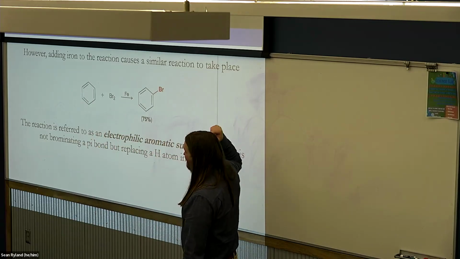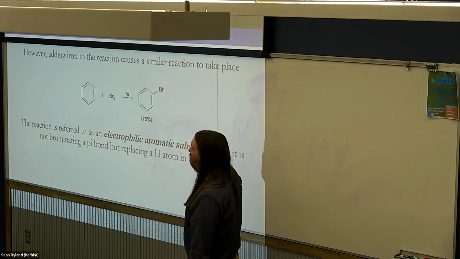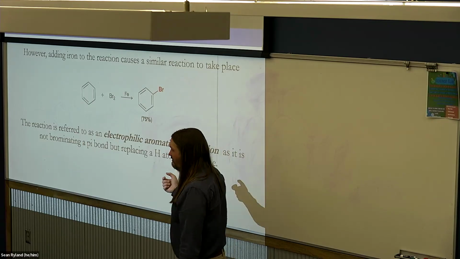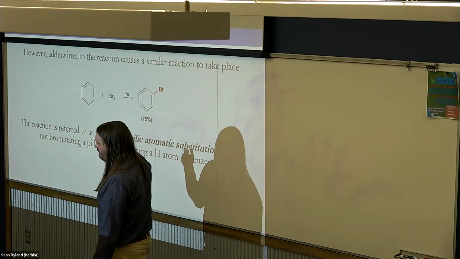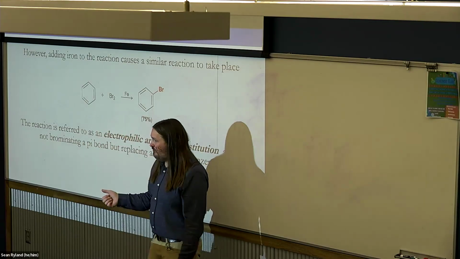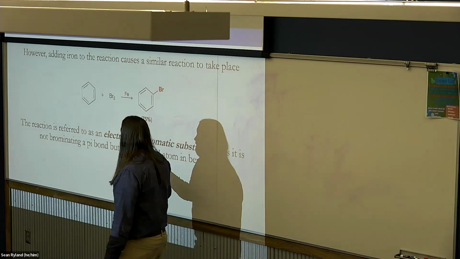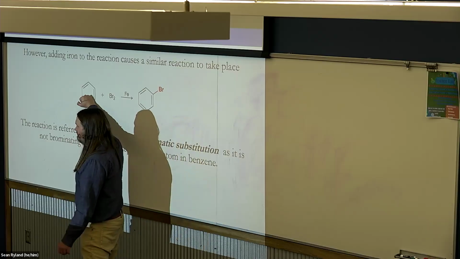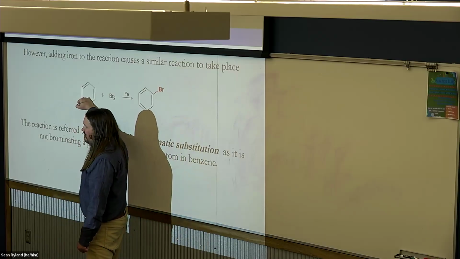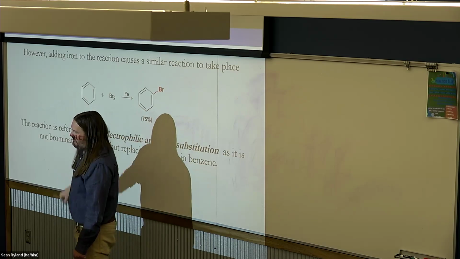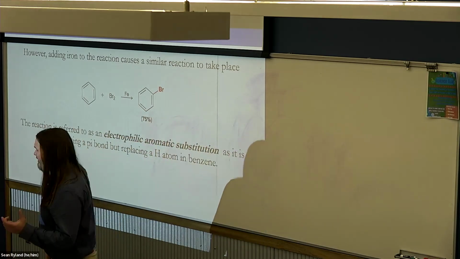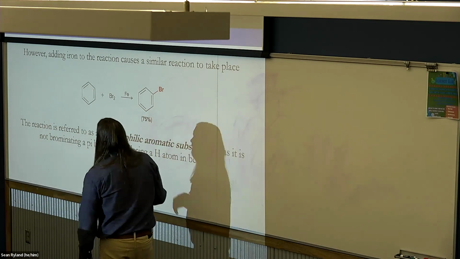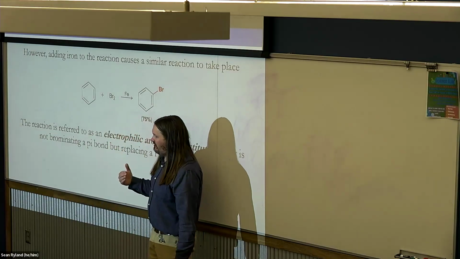But because this is an electrophilic substitution, all of our normal rules are kind of flipped. In this case, a hydrogen or proton is going to be a good leaving group because we're going to introduce something that wants to grab some of these electron pairs. These 3 electron pairs that are part of the ring that cause the aromatic character are a good target for something that's missing electrons.